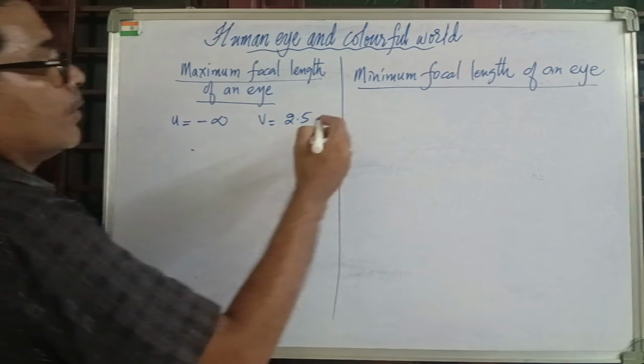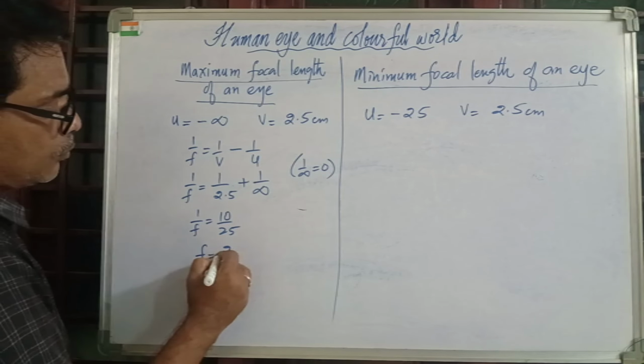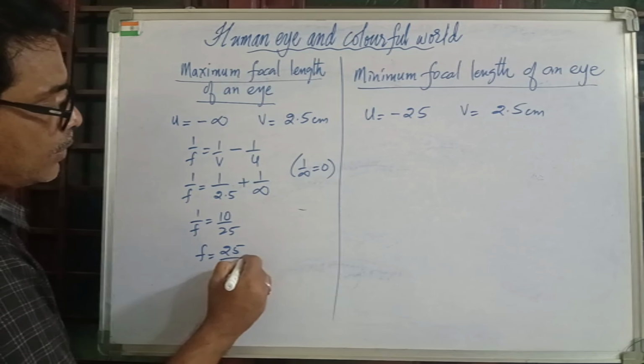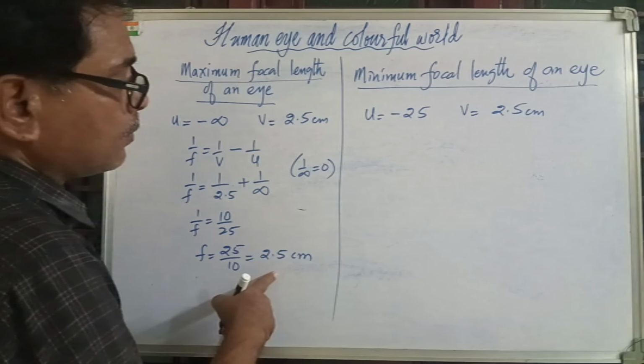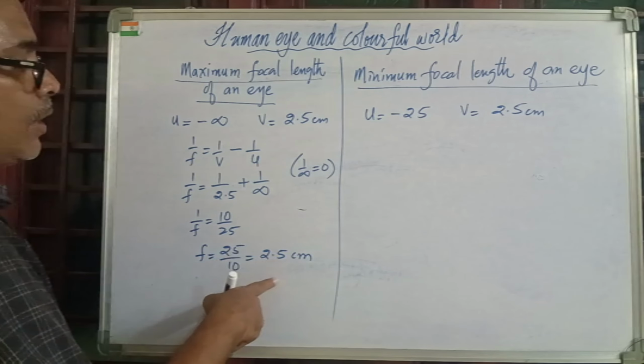V is equal to 2.5, and 1 by u is 1 by infinity, which is equal to 0. Therefore, 1 by f is equal to 10 by 25, so f is equal to 25 by 10. Your answer is 2.5 centimeter. This is the maximum focal length of an eye.